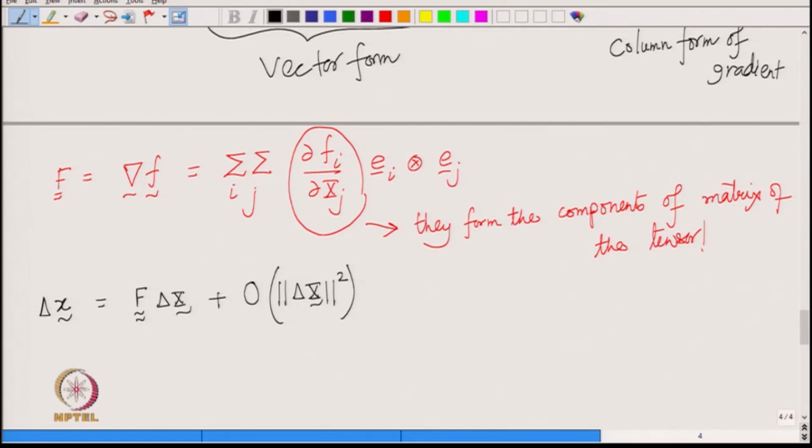Okay. So, it is a compact form because we are using tensor, of course. If you go back to the matrix form, then of course, it is no more compact. So, let me also write down the matrix form here.